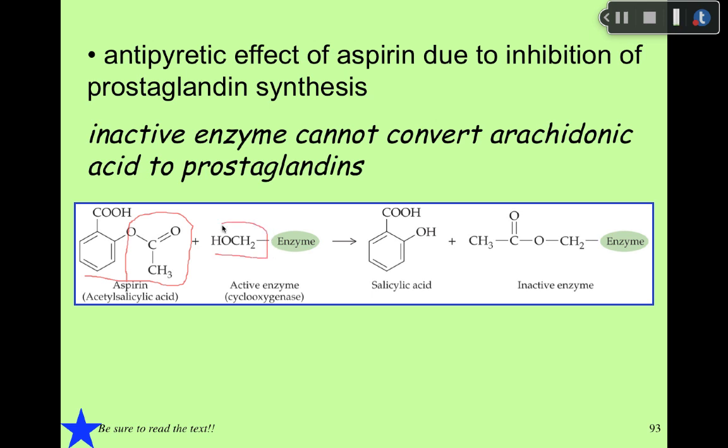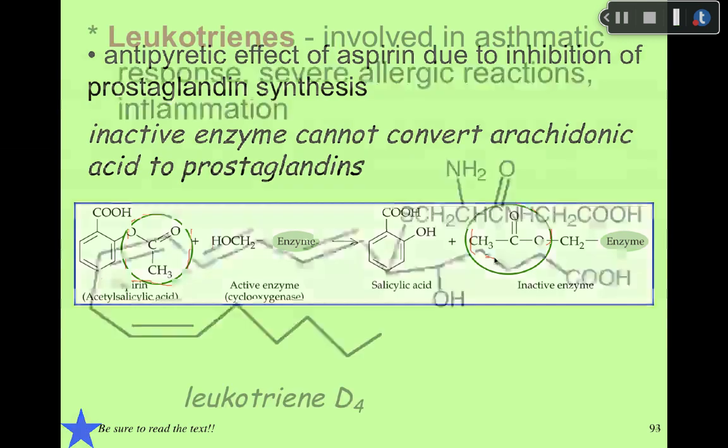We'll look at enzymes very soon, in fact next week, and that alcohol group of the enzyme is going to be replaced with the acetyl group from the aspirin, and that inactivates the enzyme by covalent change, and it inhibits the synthesis of prostaglandins when you have used aspirin in that way. So just to make sure you see it, there's the acetyl group, and it ends up on the enzyme in the long run, because of the nature of the way this process works. Interesting, but not something to memorize.